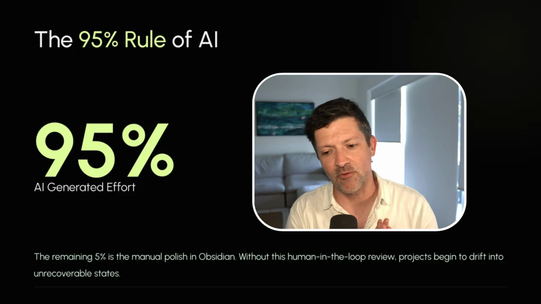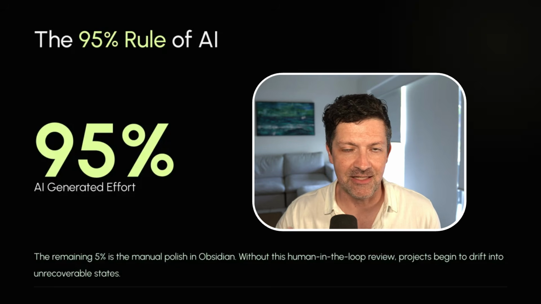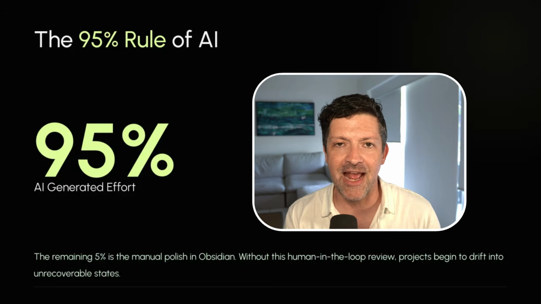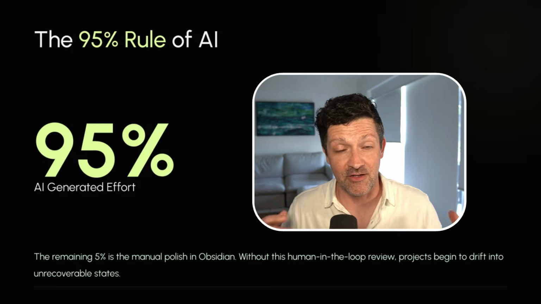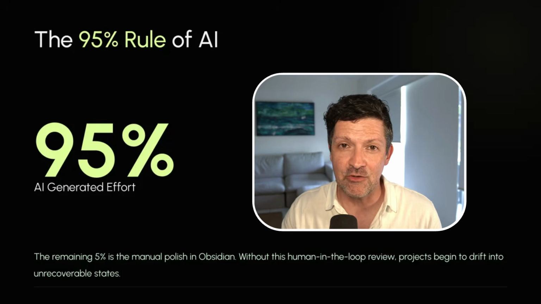So that's the thing where the AI is getting you 95% of the way to these process documents, and then inside of Obsidian, bringing it that next 5%, you're going to start to get not only a great, powerful document, but a process for continuously improving that. Each time I'm running these processes, it's getting a little bit better, and my results are beginning to compound.